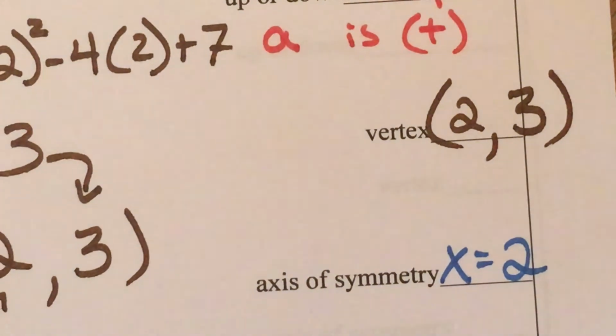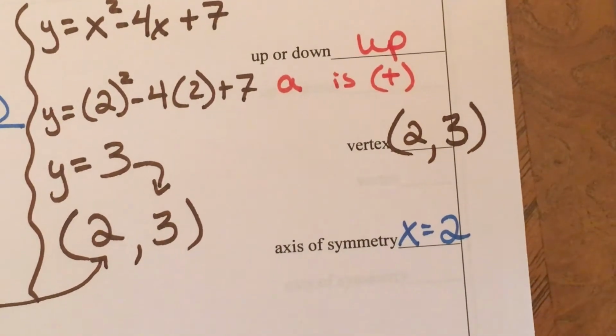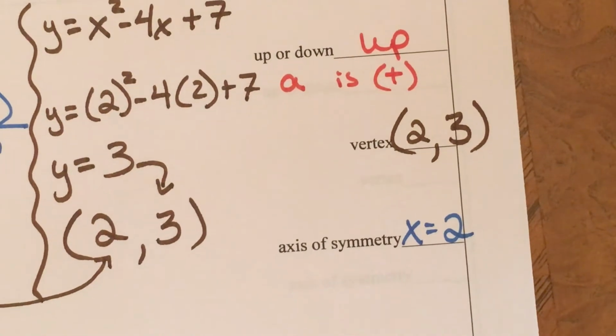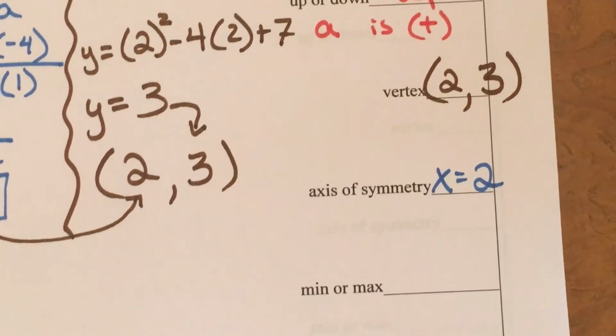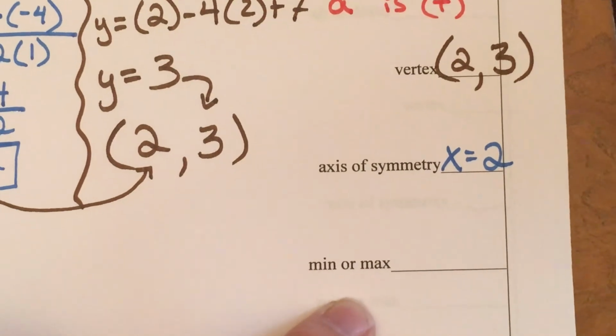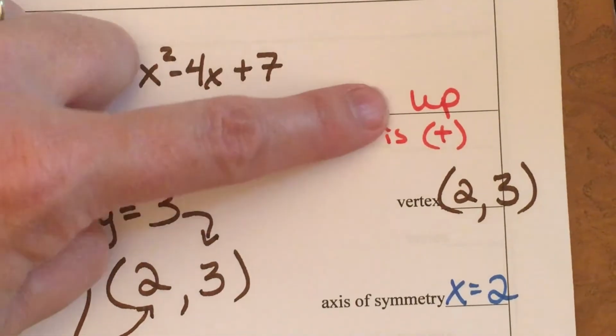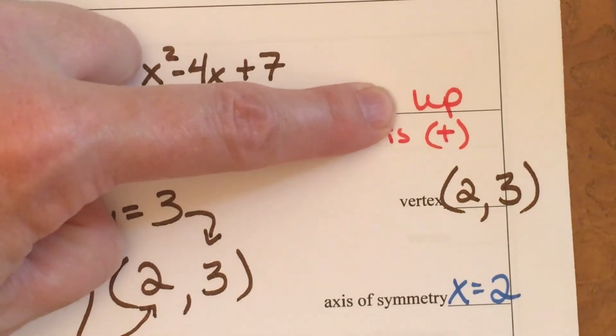All right, we have one more piece of information on this problem that we have to answer. They're asking us if our graph is a maximum or a minimum. Well, let's think about it for a minute. We know that our graph is going to open upward.